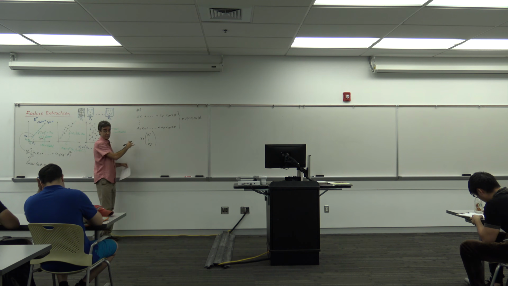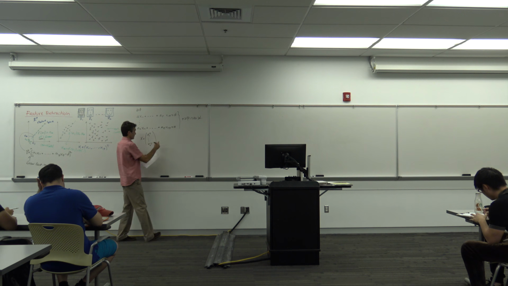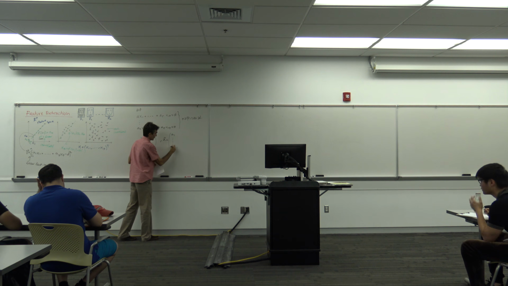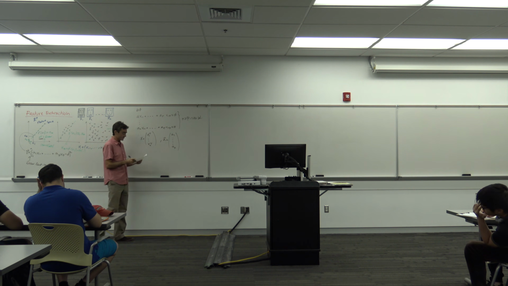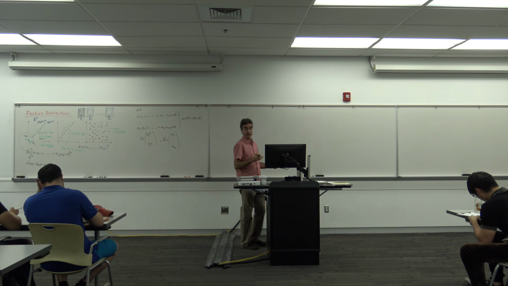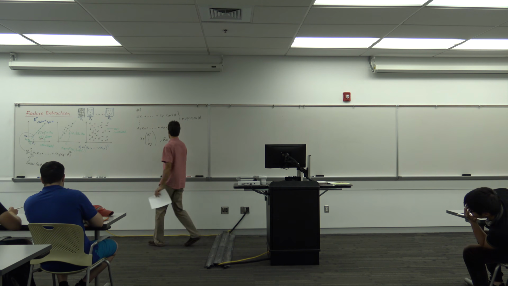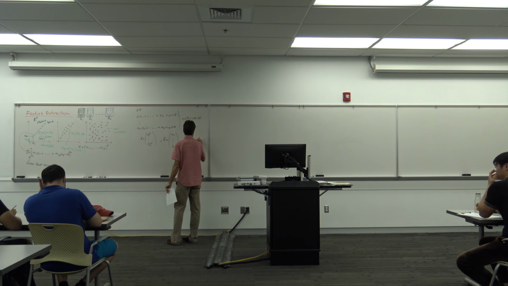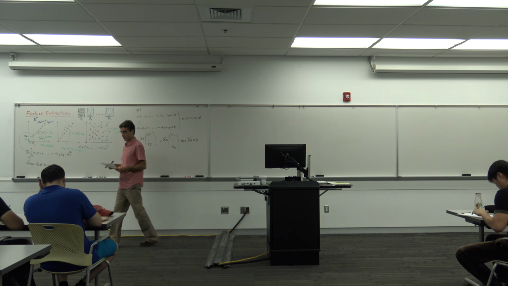Here they're going to be rows. And I'm going to define my vector A, A1 through AP. With that, I can now rewrite my equation as XA equals 0. This is a vector.